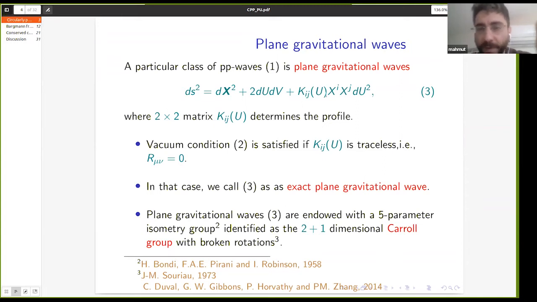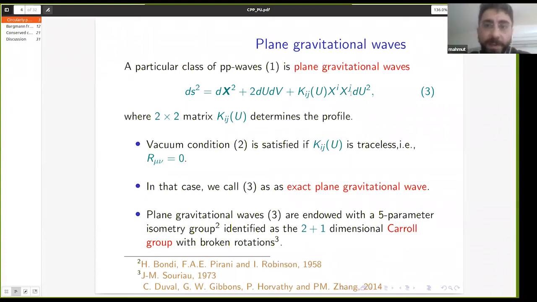An important point is that this K_ij makes the important difference. This is the only thing that we don't know about it, so this exactly defines the profile.